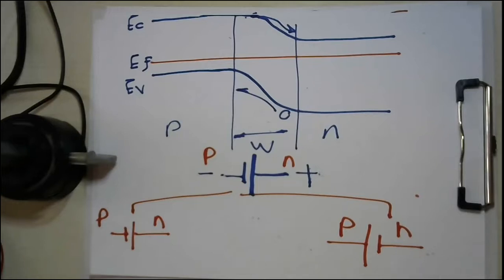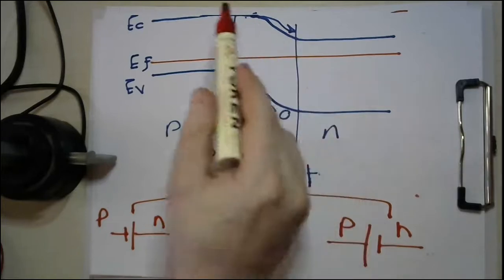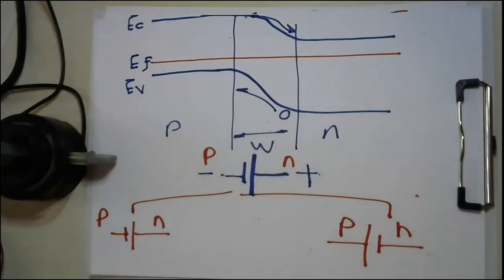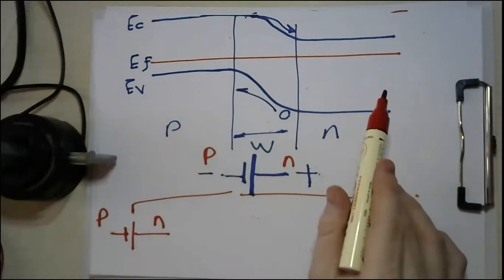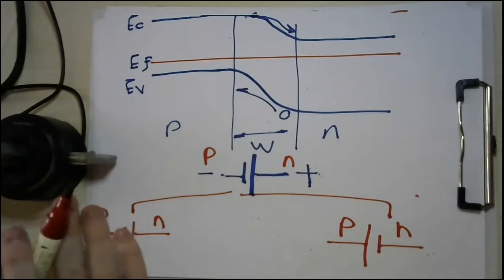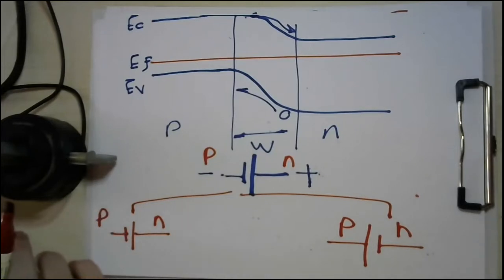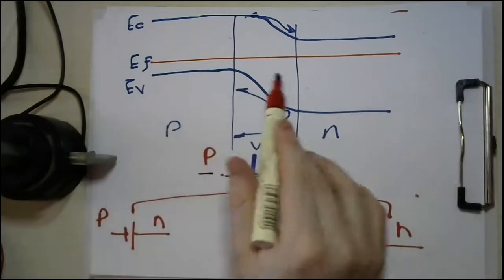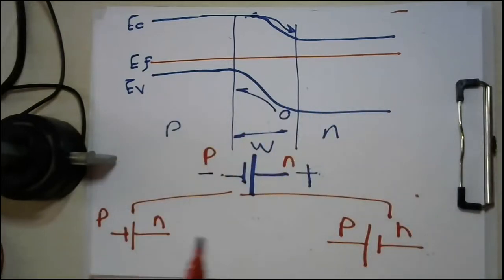But before going to do so, please don't forget that this blue battery is a built-in battery where thermodynamic equilibrium occurs. Whenever we add an external battery source, an external potential, it is no longer thermodynamic equilibrium. So you will not find this flat energy level anymore whenever you add such an external potential.